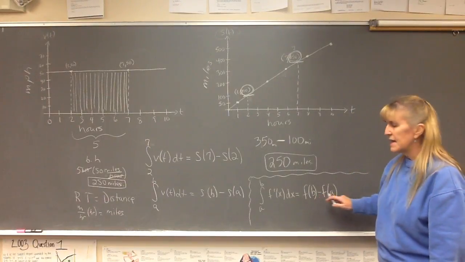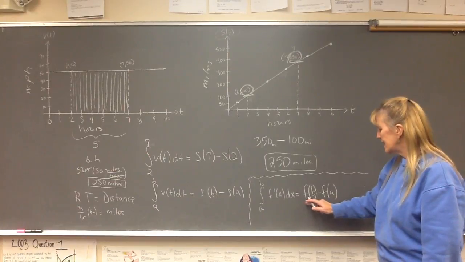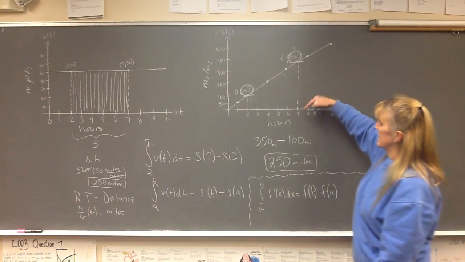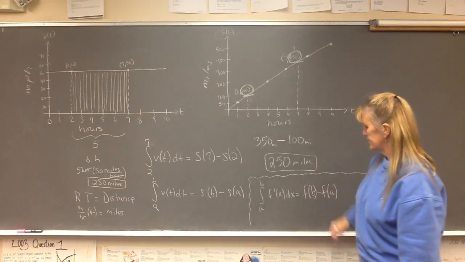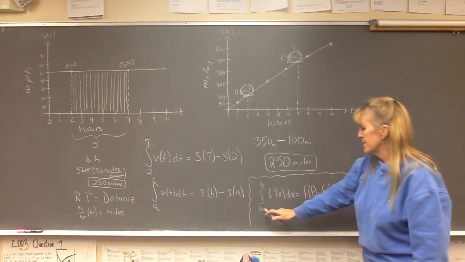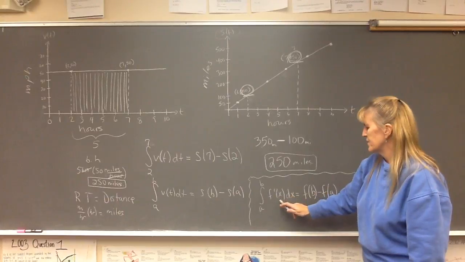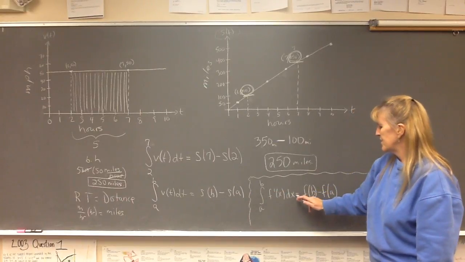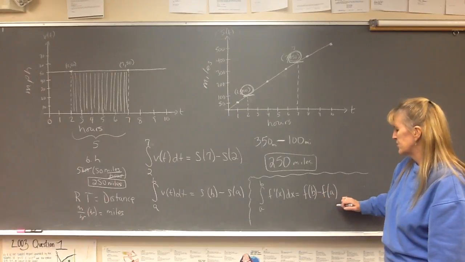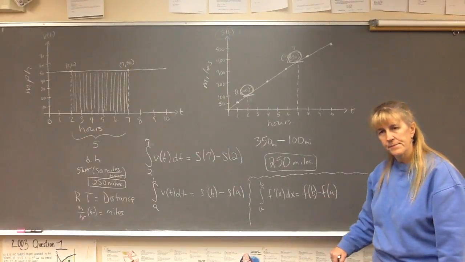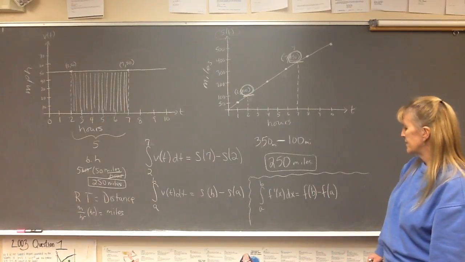Notice that f of b and f of a are both height distances, just like the 350 and the 100 are both heights of the original function. So the area under the curve of the derivative function between a and b is equal to the change in the original function between a and b, or f of b minus f of a.